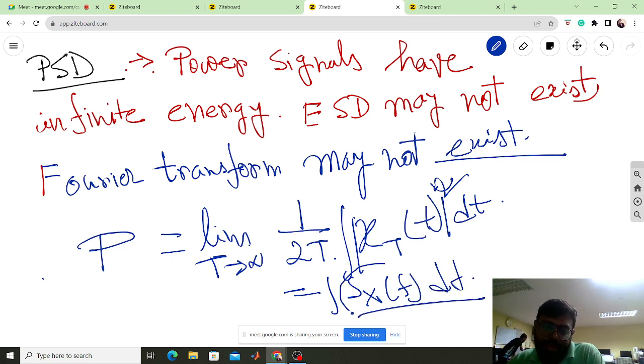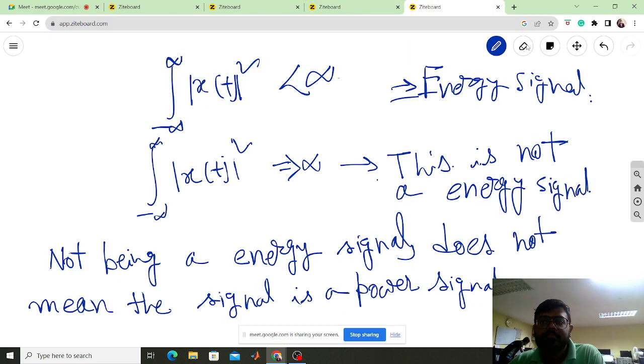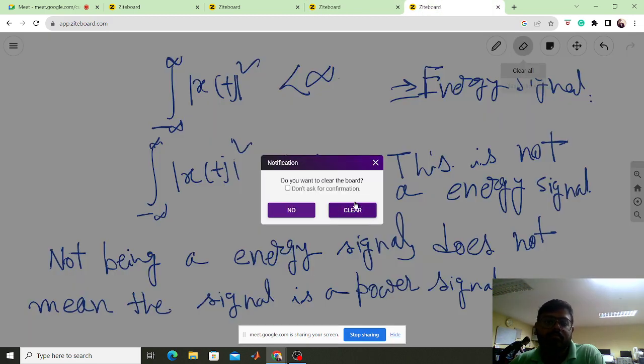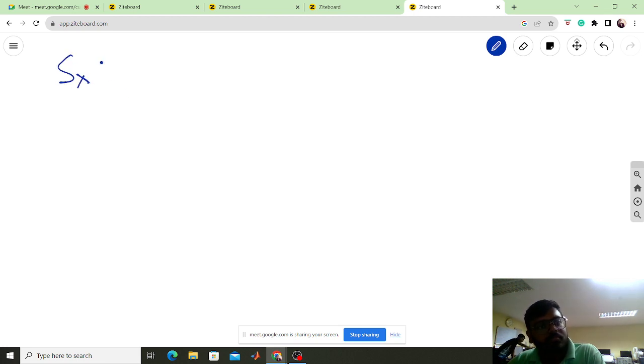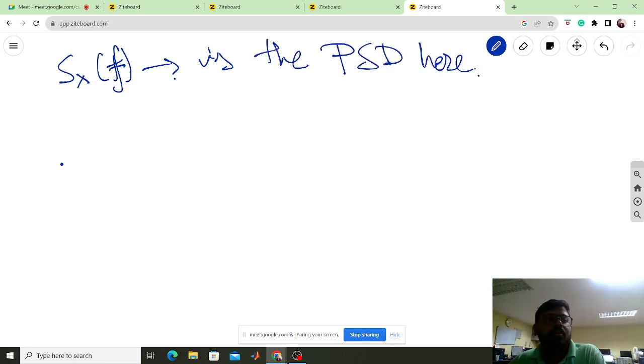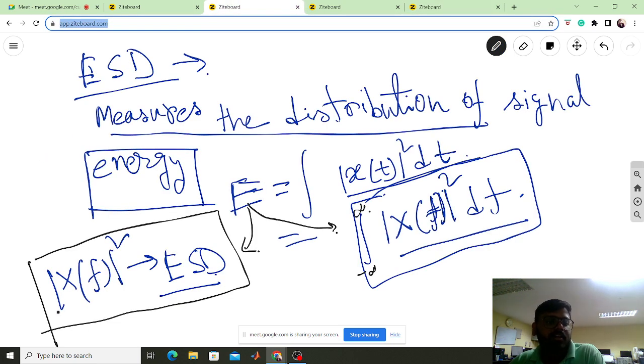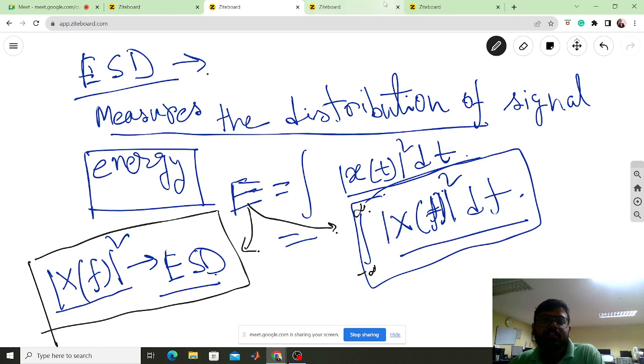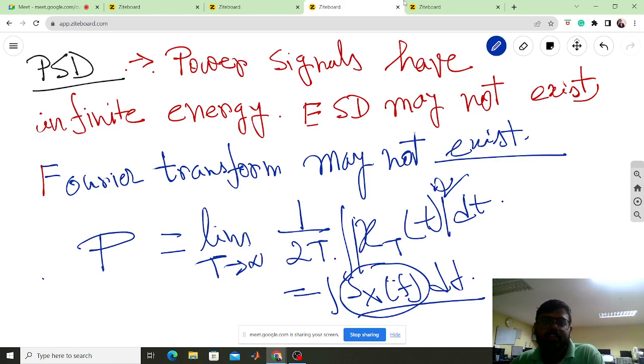So as S_xx(f), this term is the PSD here. But just see what is the difference here. |X(f)| square is the ESD term here. That's the difference. So what is the difference between a power spectral density and energy spectral density?